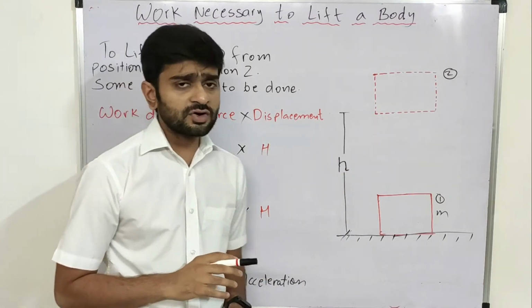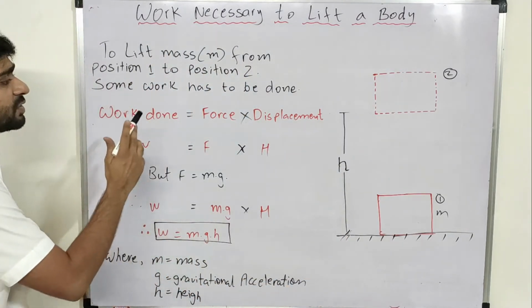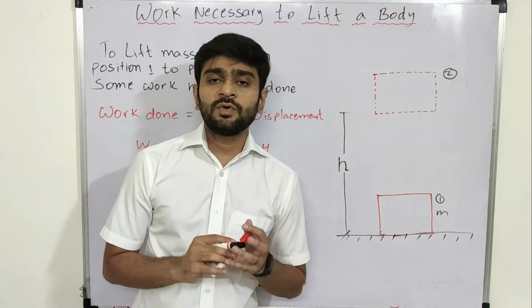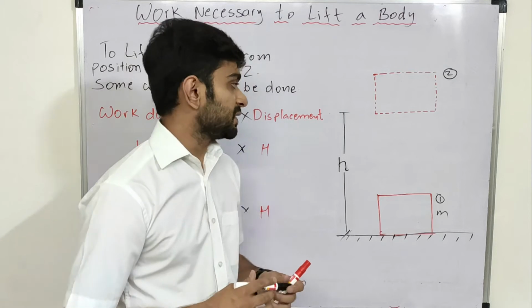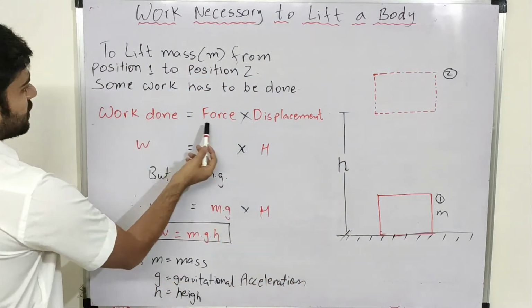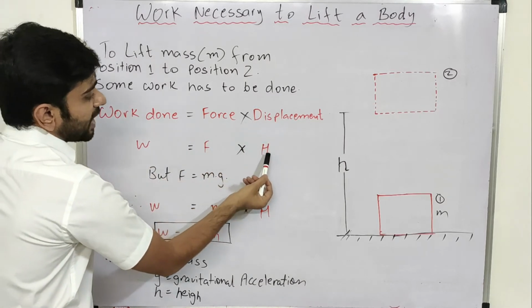Here we are not talking about just lifting of the body, but work done equal to force into displacement is the universal formula to find out what work actually is required to move anything. Here we are lifting the box. So work done is equal to force into displacement, that is W is equal to force into h.